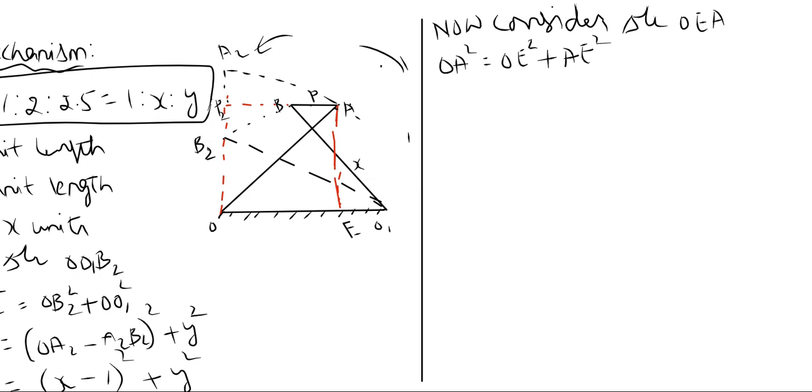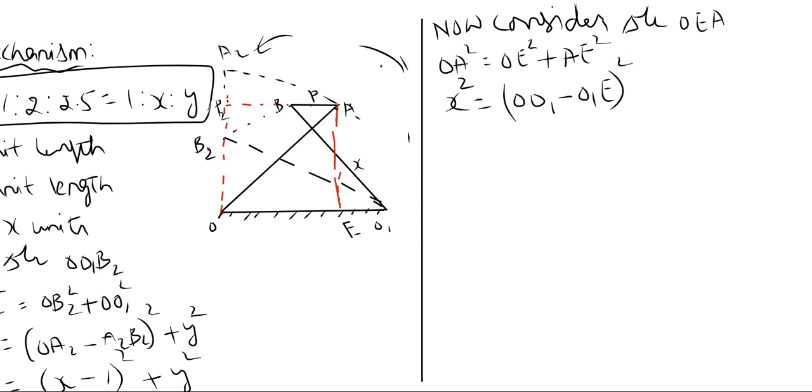Now see here the distance of OA. OA should be equal to x, so I am writing OA square as x square, which should be equal to, now see here OE. I am writing OE as OO1 minus O1E. Why?